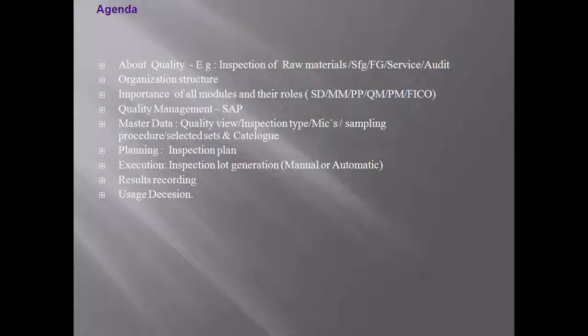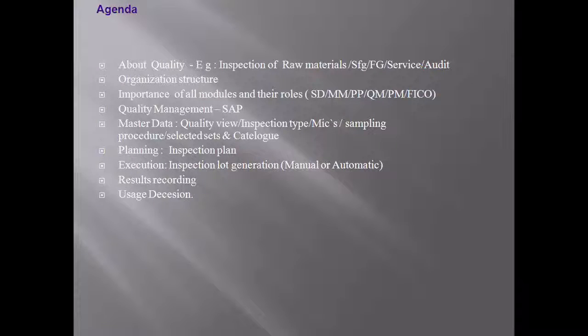The sampling procedures, selected set and catalog. Sampling procedures means out of 100, how many you want to check and accept the lot. Selected set and catalog are the characteristics which we have to define mainly for qualitative MICs. Means if it is between 10 to 20, what will be your action? If it is above that range, then what will you do?